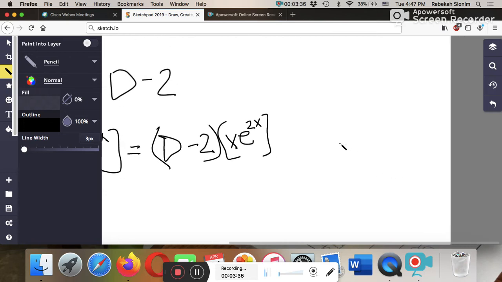And what do I get? Using the product rule, I get e to the 2x plus 2x e to the 2x, but then minus 2 times this whole thing, minus 2x e to the 2x.